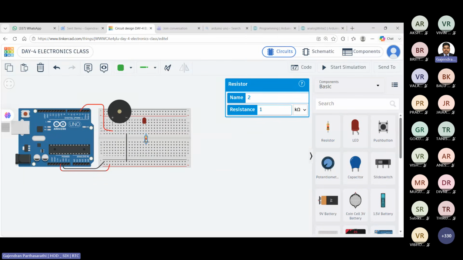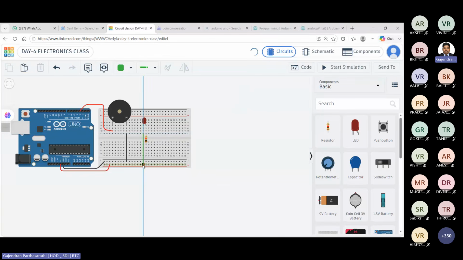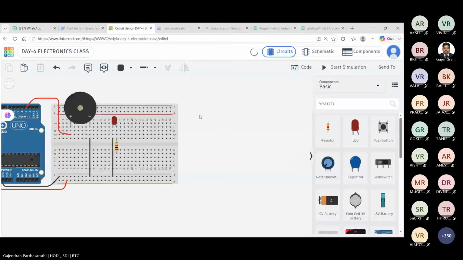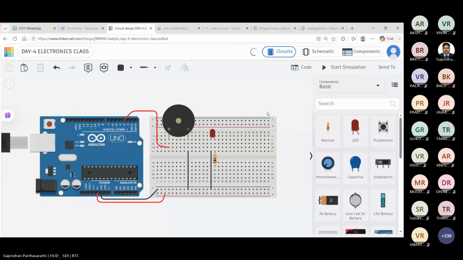I'm going to connect the cathode pin to the ground. For the LED, I'm going to take one more pin.